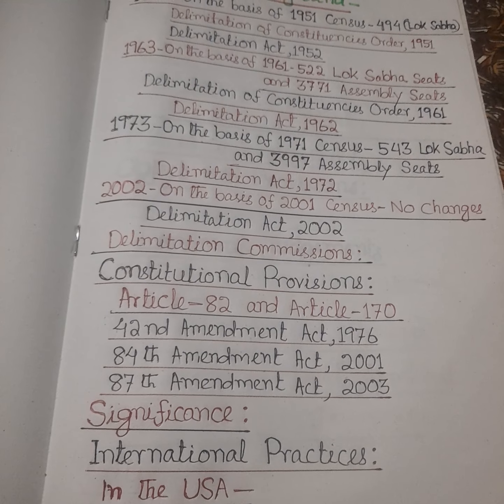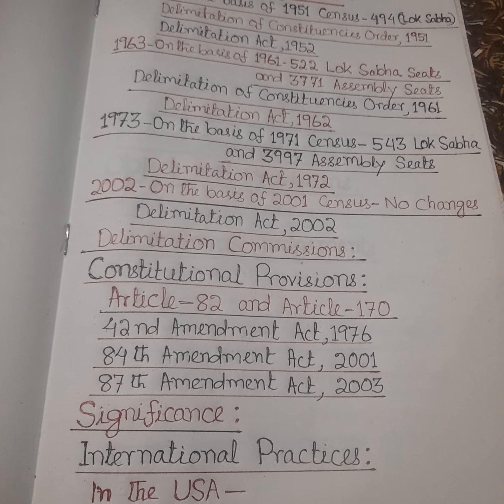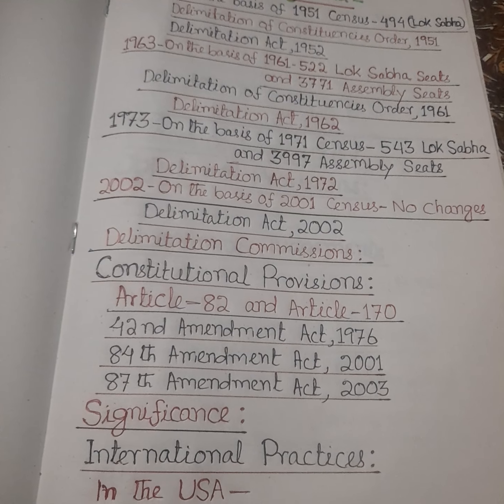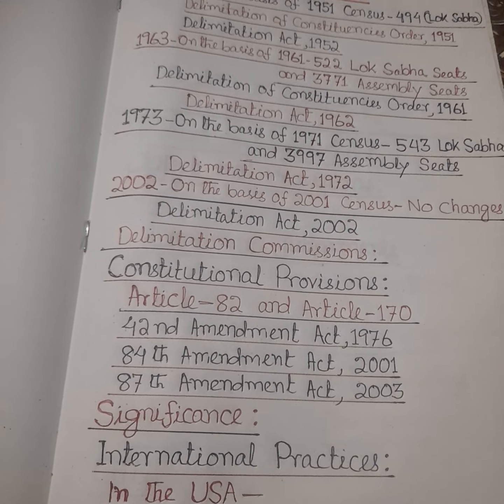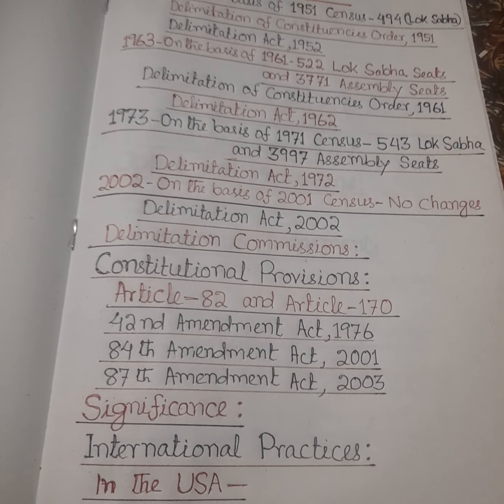And also the third Delimitation Act, that was the Act of 1972, which carried out the third delimitation process in 1973 on the basis of the 1971 census, which increased the Lok Sabha seats up to 543 and the assembly seats up to 3,997.